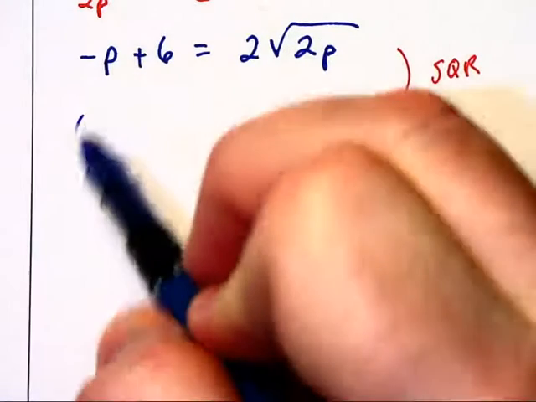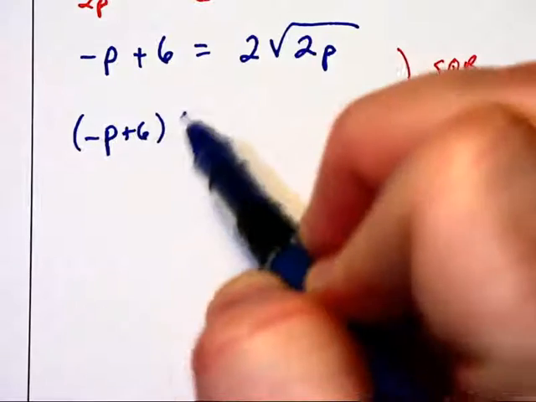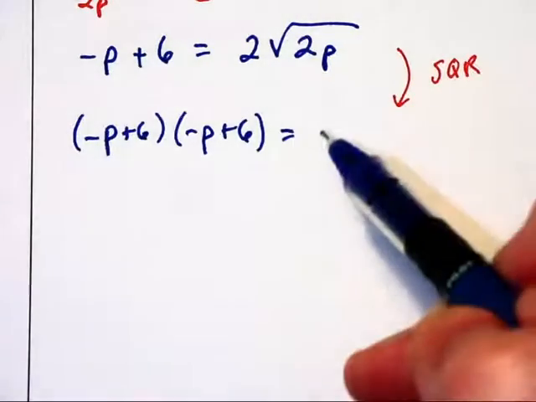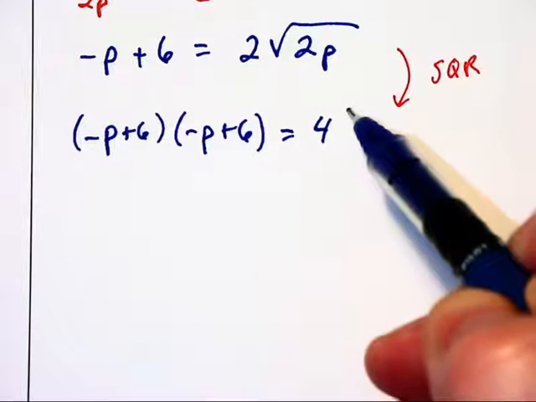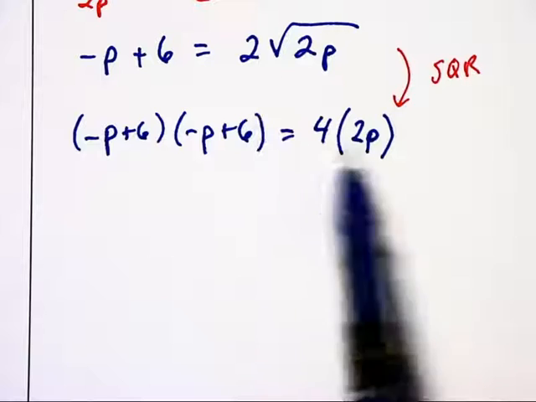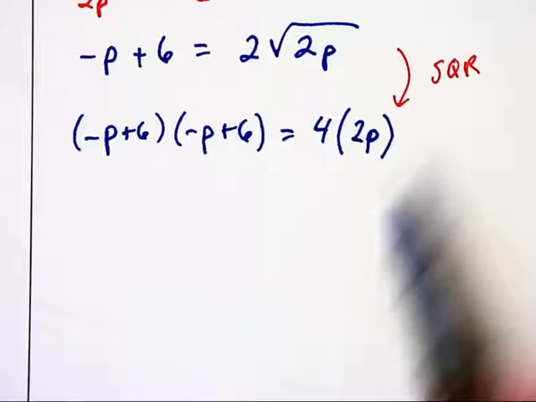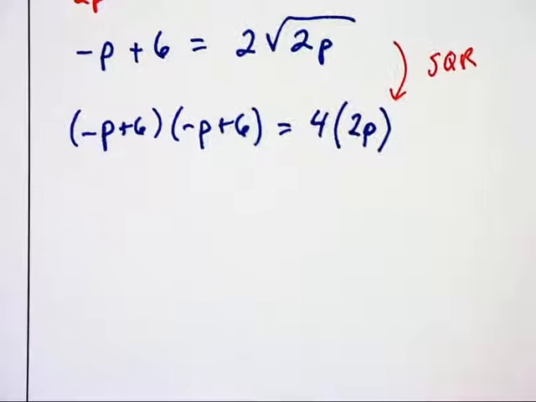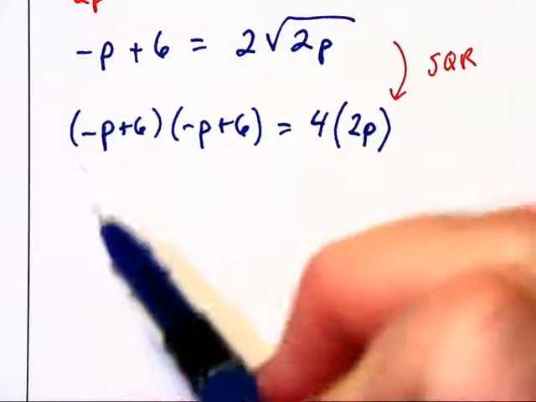I'm going to have negative p plus 6 times itself on the left, and on the right, the 2 in front will square to a 4, and squaring the radical will give us a 2p. Notice I've used parentheses here, and that is what we're going to have to do. There's no more radicals involved, so now it's time to actually do the multiplication on the left.